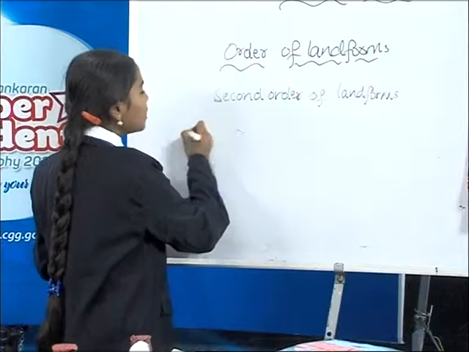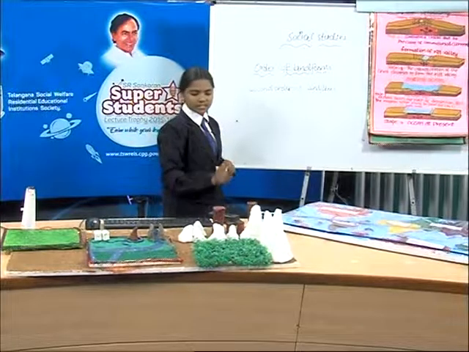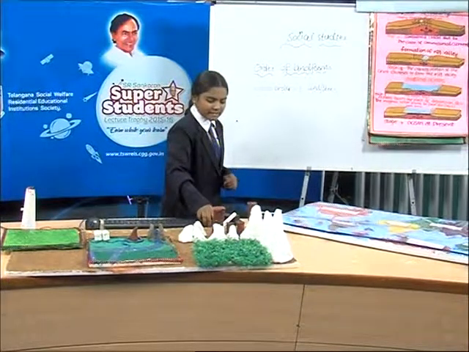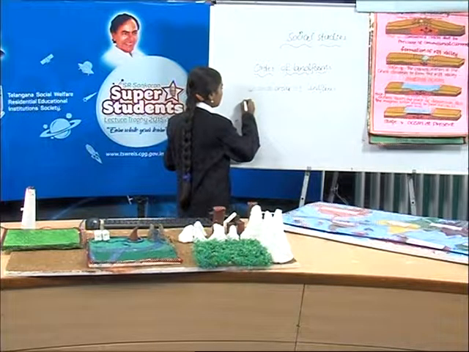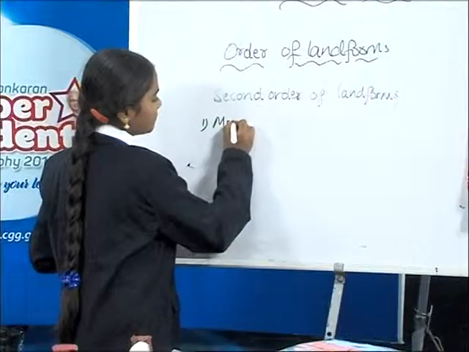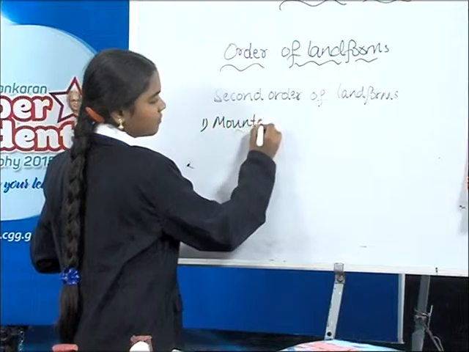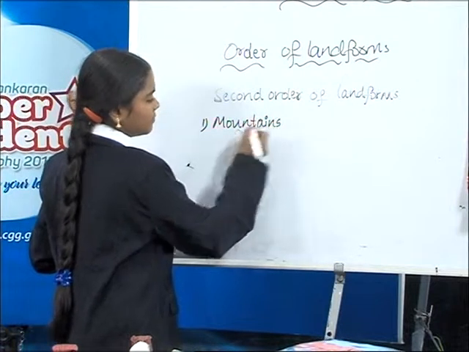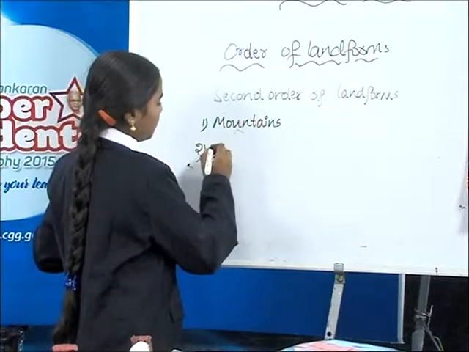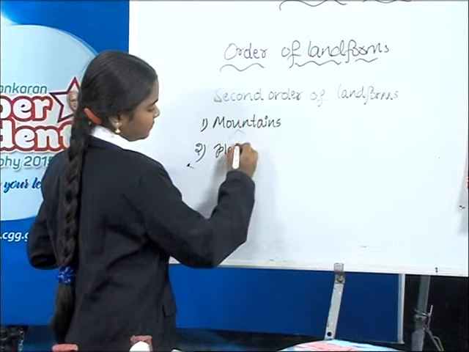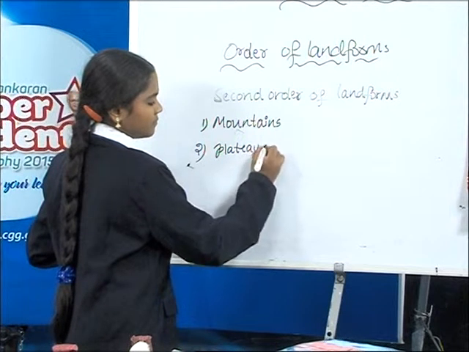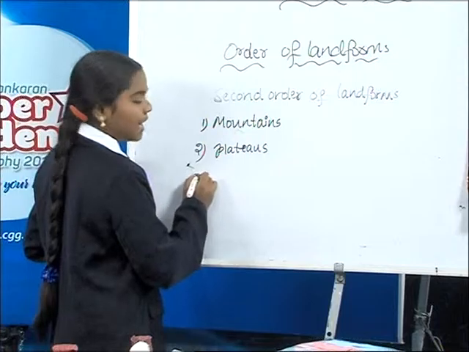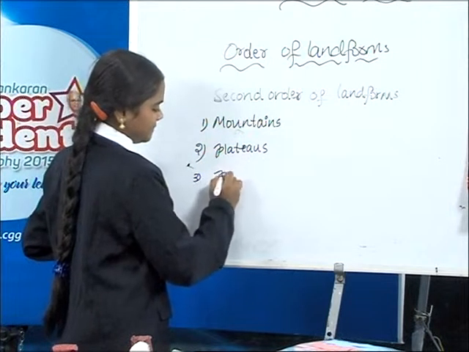Tell me friends, what are the second order of landforms? Mountains, plateaus, and the third one is plains.